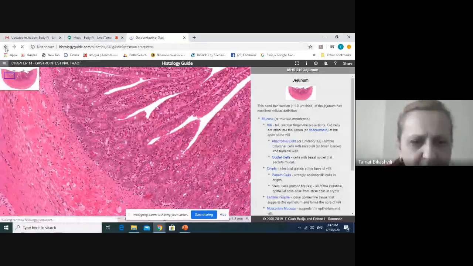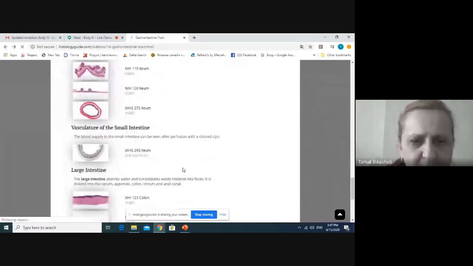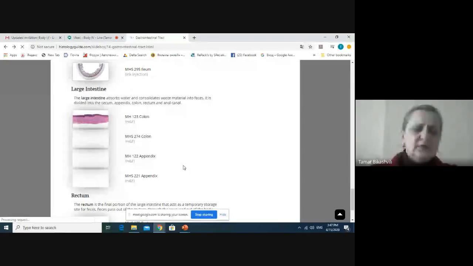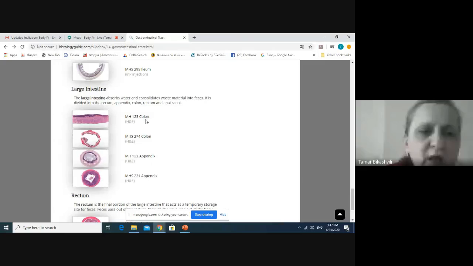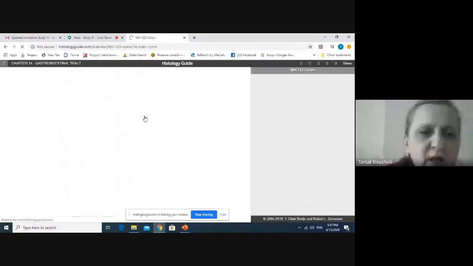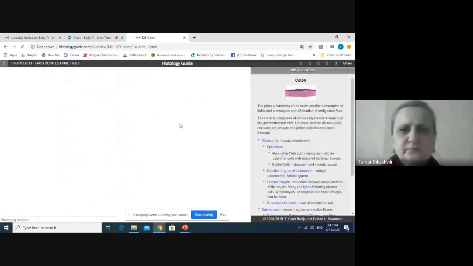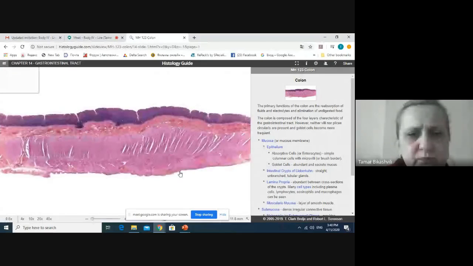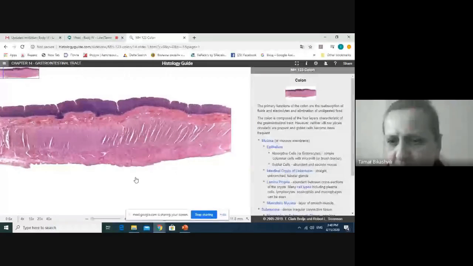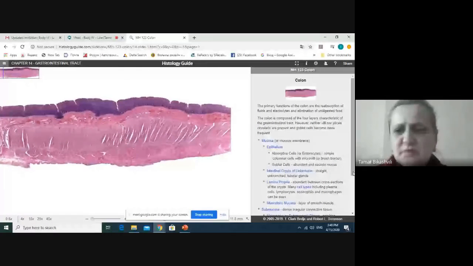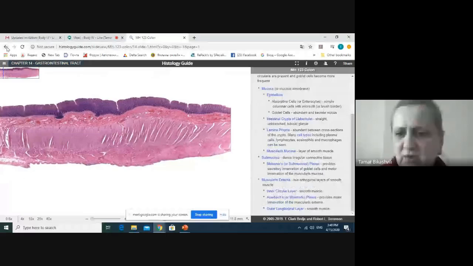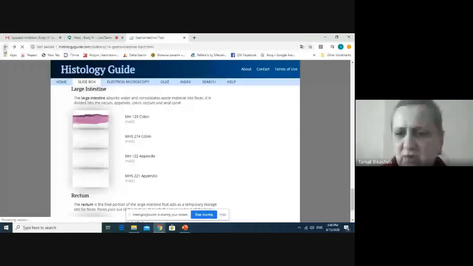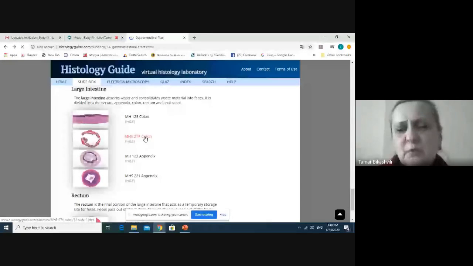And now I only want to show the colon, then we have a break of 10 minutes. Okay, the colon, so this is the large intestine. Sorry, I want to show another one, where the muscles are more visible.